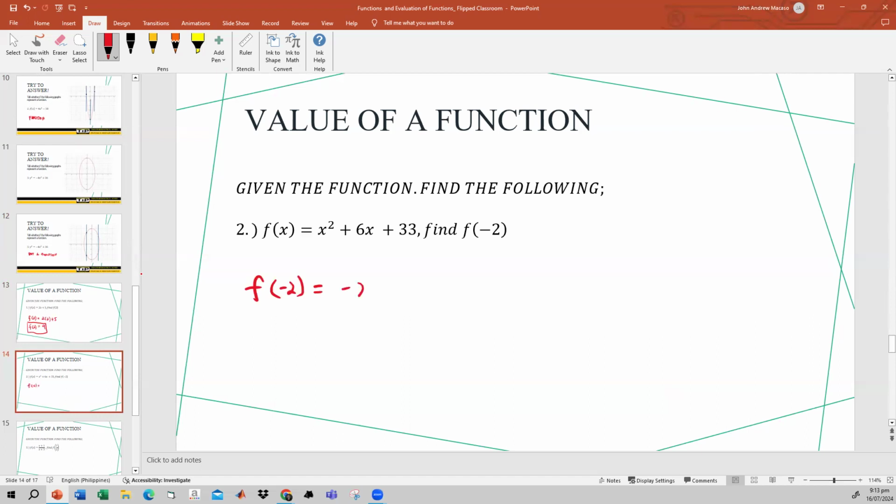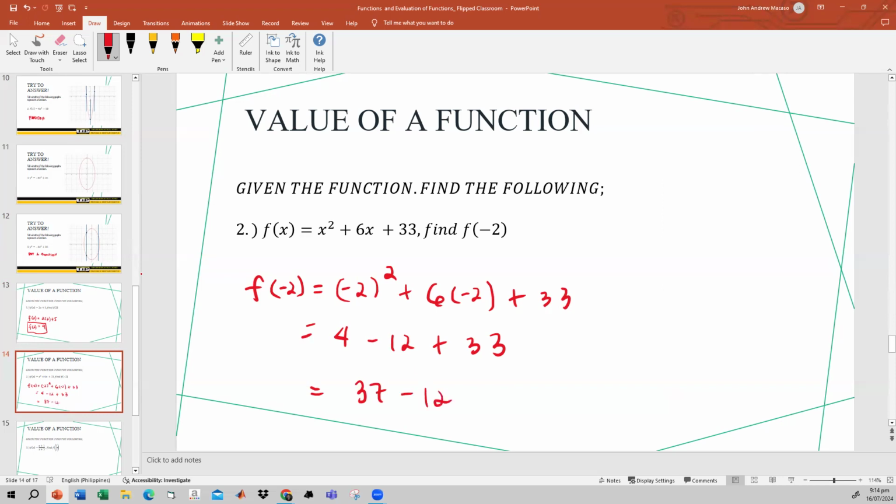This becomes negative 2 squared plus 6 times negative 2 plus 33, which is 4 minus 12 plus 33. So 4 plus 33 is 37, then minus 12, that's 25. So f of negative 2 is just equal to 25.